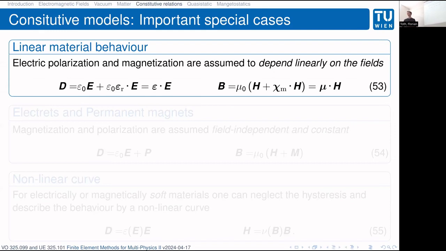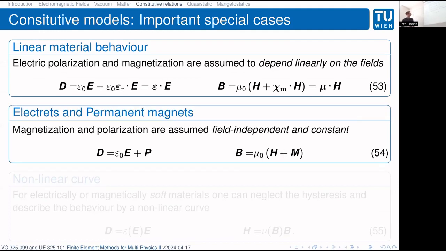This can be tensor valued, since we have vector valued quantities in the equation. So two vectors need to be connected by a second rank tensor. And similarly, you can do this with the magnetic relation. Here you call this tensor the magnetic permeability tensor.